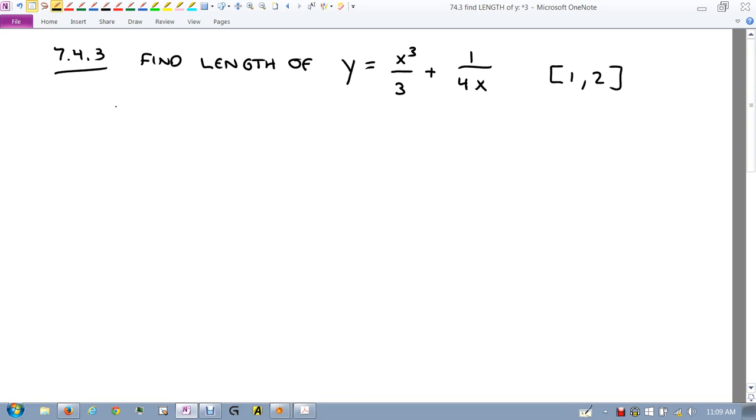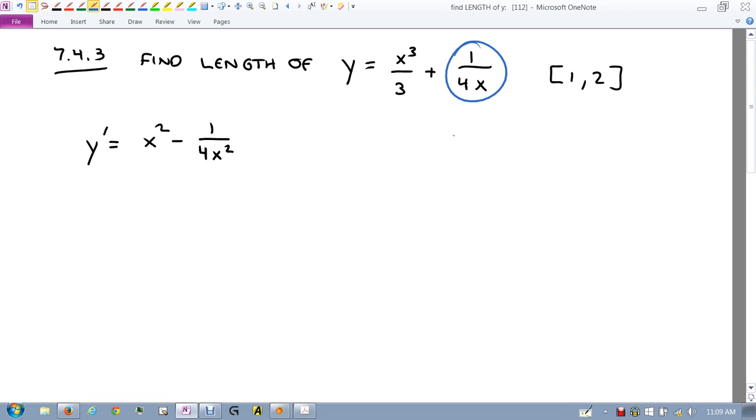So what do we need for this? I'm not even going to draw it. What do we need for it? Derivative. What's derivative here? Is that just x squared minus 1 over 4x squared?